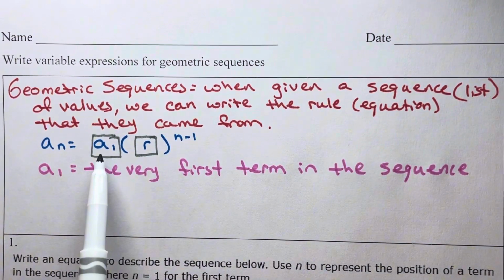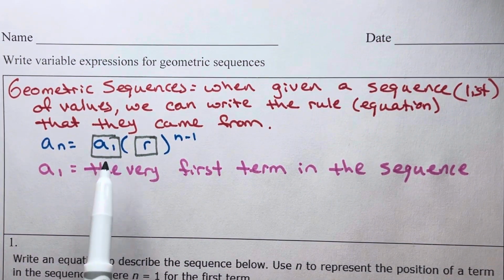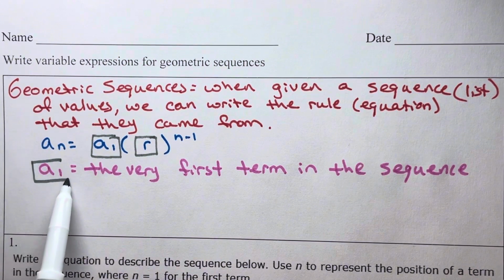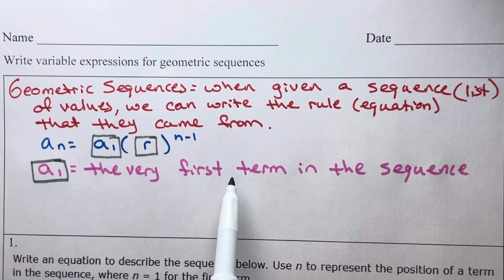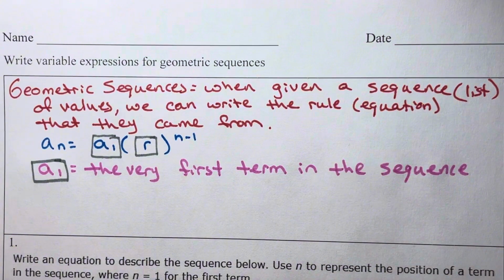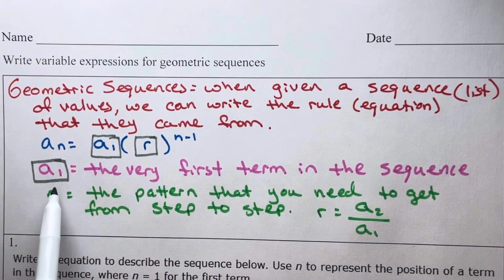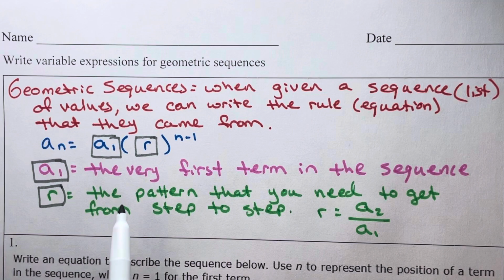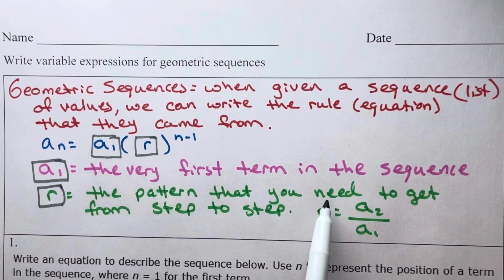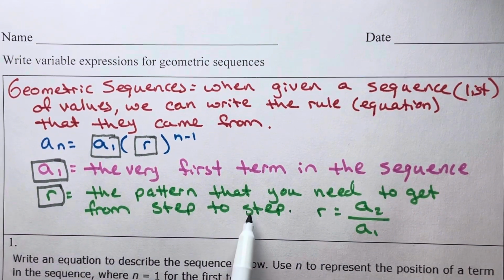So the first thing we need to fill this out is a sub 1. And a sub 1 is the value of the very first term in the sequence. The second thing you need is r. And r is the pattern that you need to get from step to step.